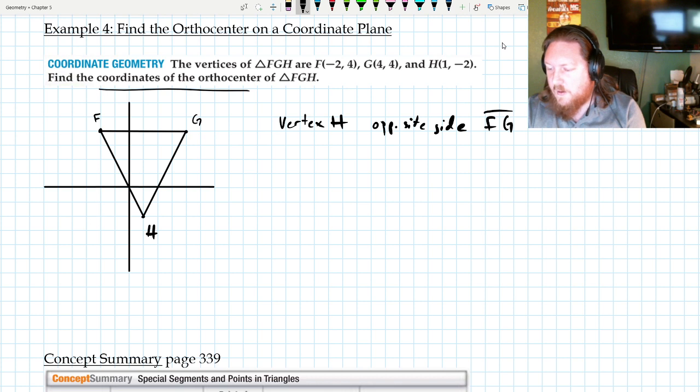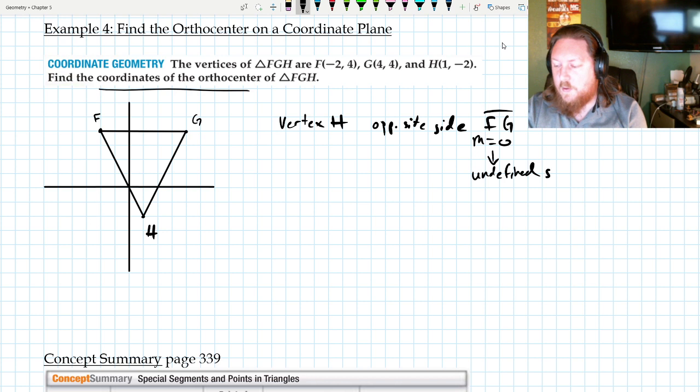So here I take the slope of the opposite side. Here the slope is 0, which means the perpendicular line is going to have an undefined slope through vertex H. So since it's horizontal, it's going to be a vertical line.